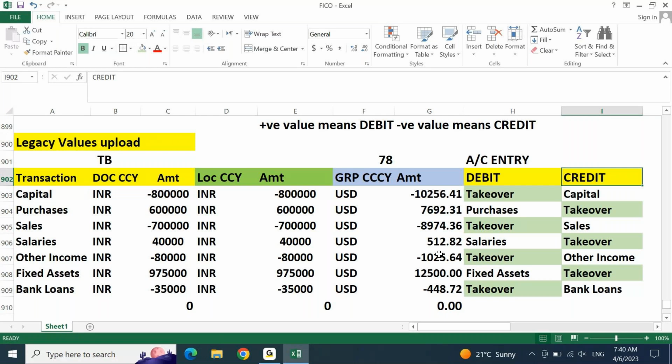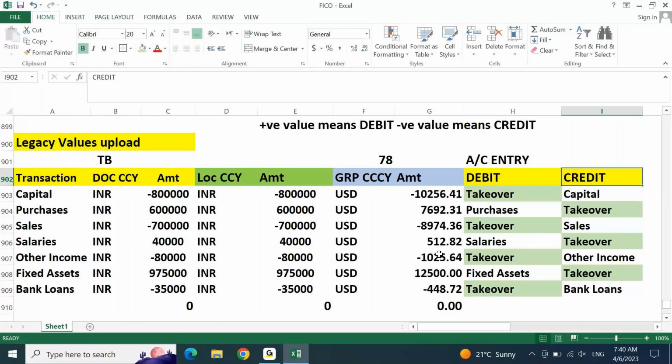You will have one side in the trial balance, the other side will be missing. So you are able to identify which side will be there on the trial balance, which side is missing. Yes, sir. And this missing side is always replaced by takeover account. It's a standard.